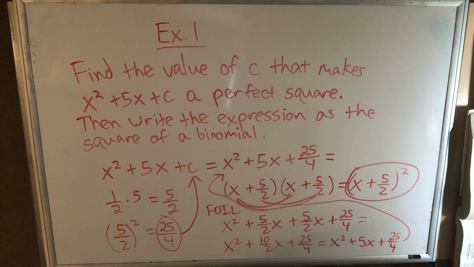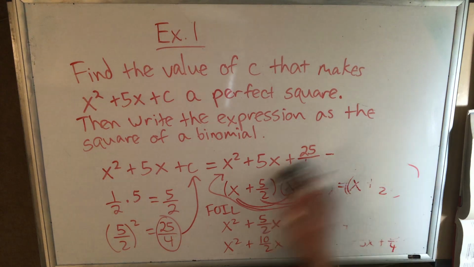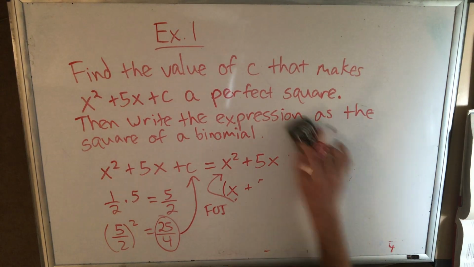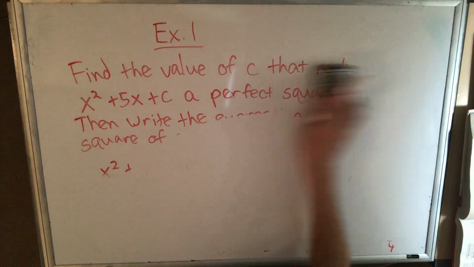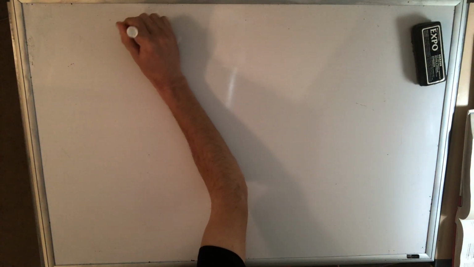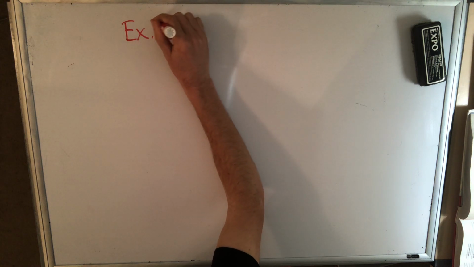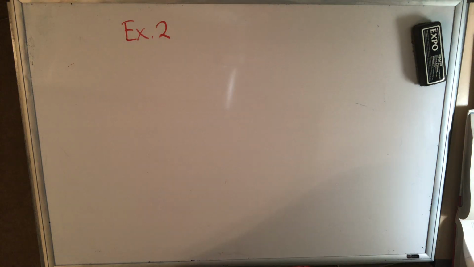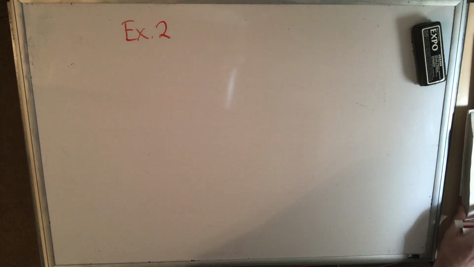All right, now let's go to example 2. This is going to be really useful in solving quadratic equations, as you're about to see. Okay, example 2 is, turning the page, solve a quadratic equation.